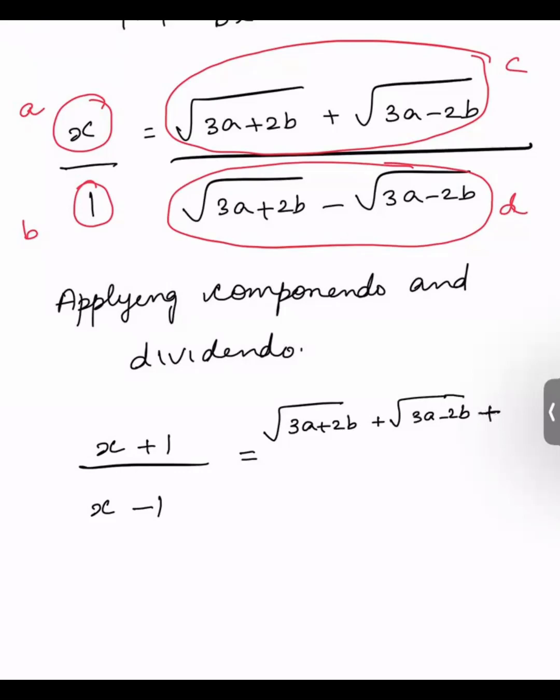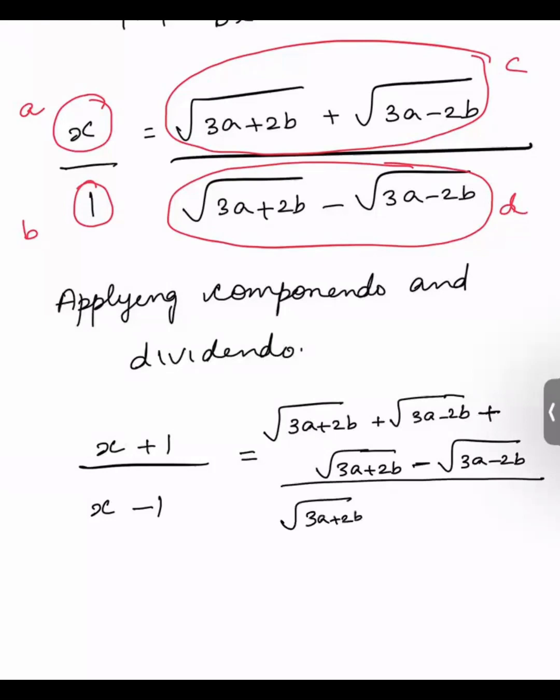D is root of 3A plus 2B minus root of 3A minus 2B. This is my D. Whole divided by root of 3A plus 2B plus root 3A minus 2B is my C.